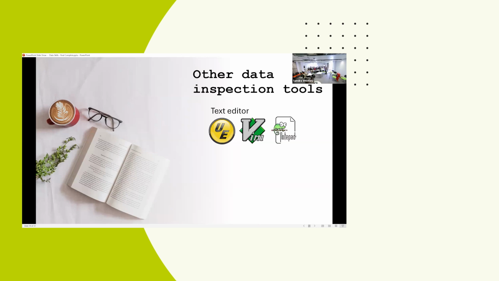Another good thing with text editors, particularly a lot of the newer ones nowadays, Notepad++ and so on, and if you like using Unix systems or Linux and so on, they support regular expressions. That's a really good way of inspecting your data, because if you are expecting to see something in a specific format, like your dates and so on, you can put in a regular expression that highlights those.